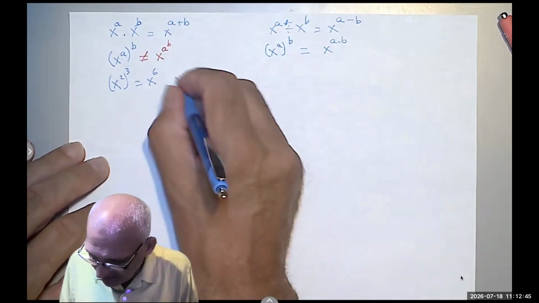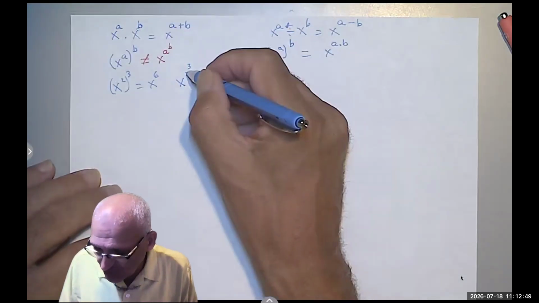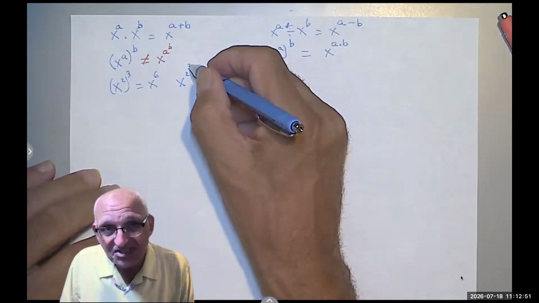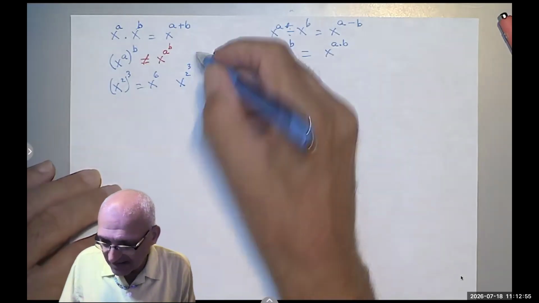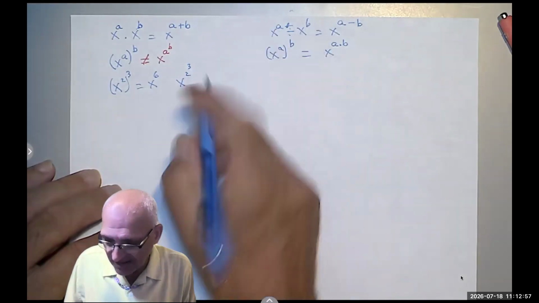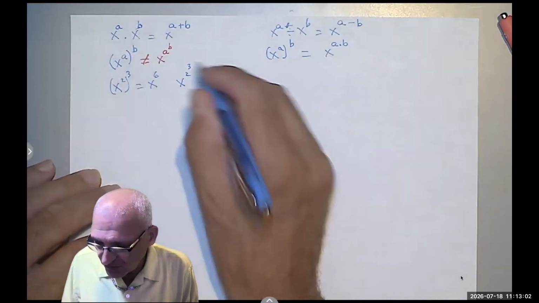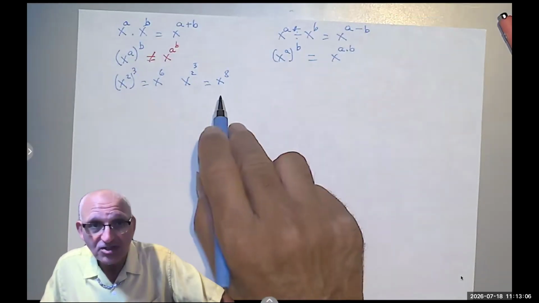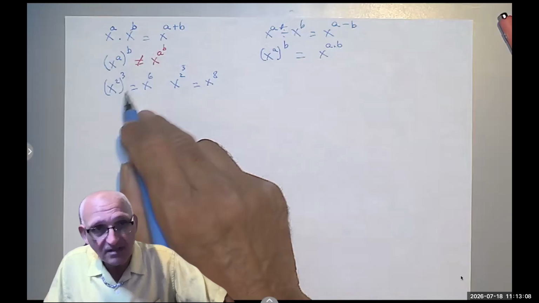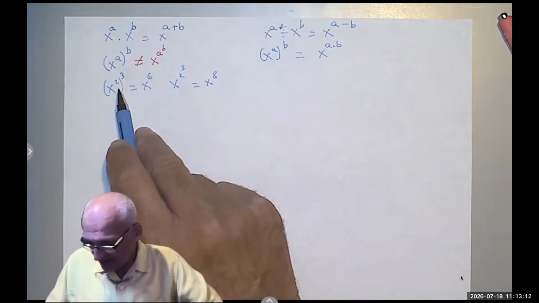But if I say x to the 2 to the 3, I have to do 2 to the third power, which is 8. So they are not equal to each other. Be careful. You have to use the parentheses if you are writing something like that.